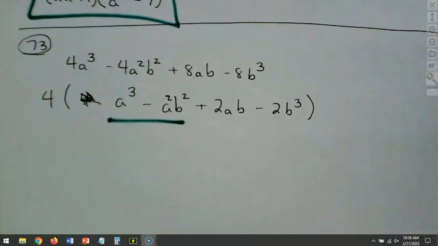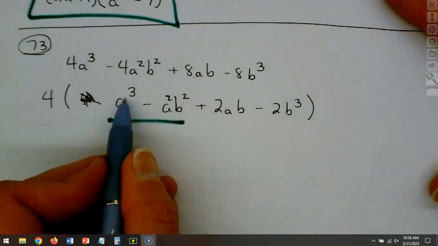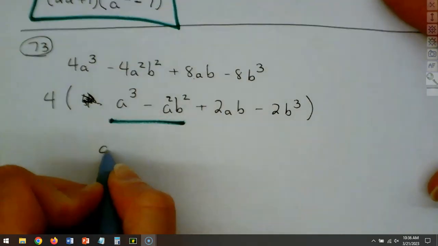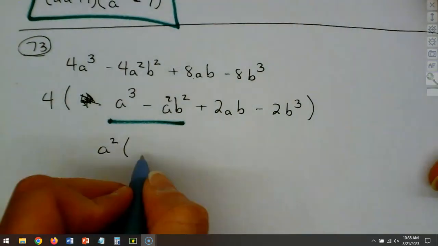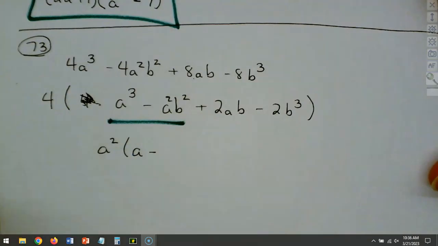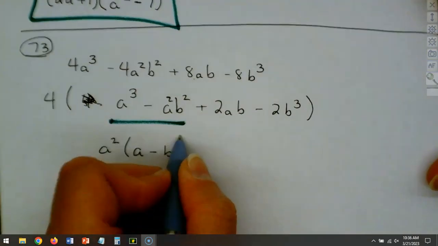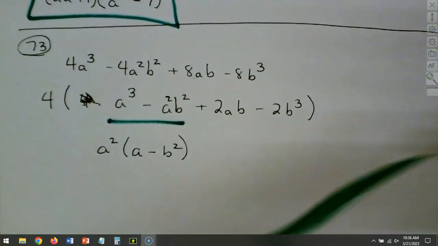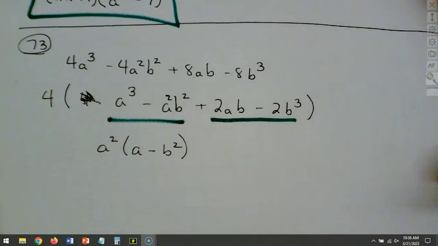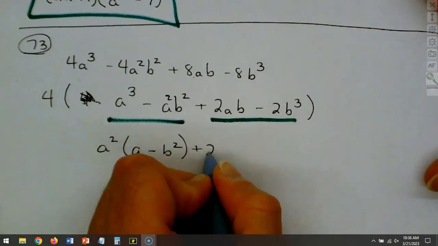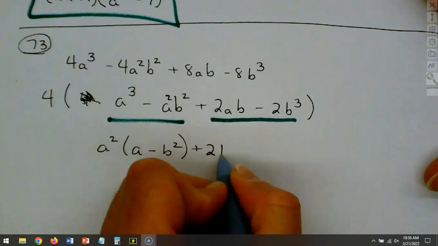So the first two pieces, what can come out of here? Well, it looks like these have an a in common, and the smallest power is an a squared. So I'm going to take out an a squared. And if I take out an a squared, that leaves me then with an a minus b squared. Repeating the process here, these both have a 2 in common. So I'm going to take out that 2, and they have a b in common.